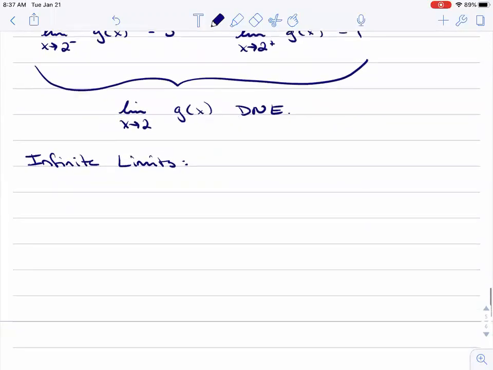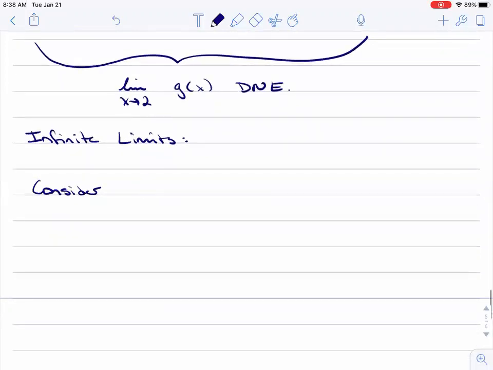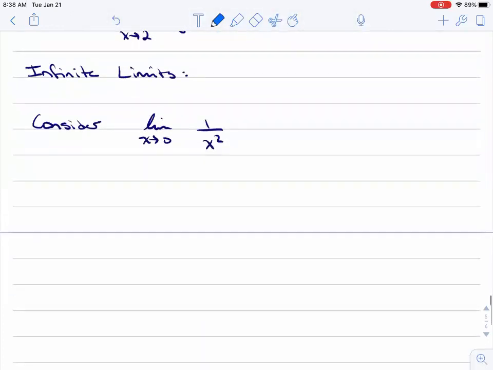And so if we consider the limit as x goes to 0 of 1 over x squared, as a side note, how I want you to think about these things is that 1 over x squared can be thought of as 1 over a small number, as x goes to 0 but isn't 0.